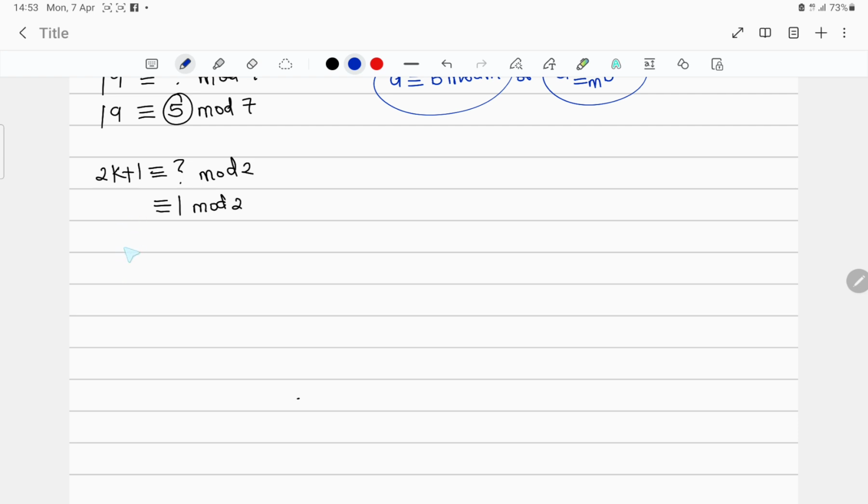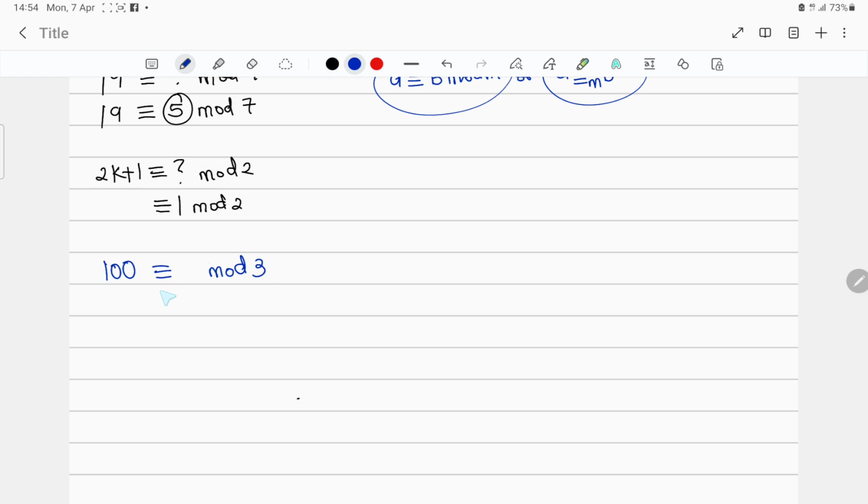I'm just going to take two random numbers. Let me test, let's say 100. What is it congruent to modulo, let's take modulo 3. So the question here is, what do we get as a remainder if we divide 100 by 3?